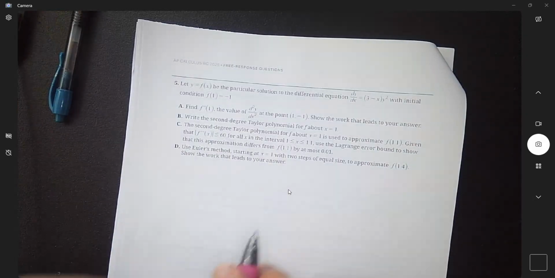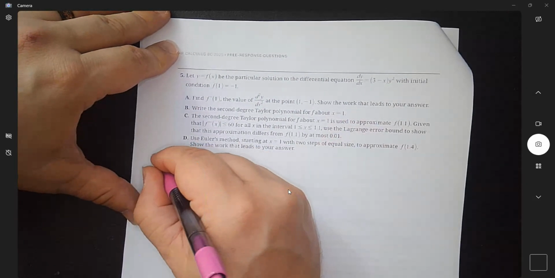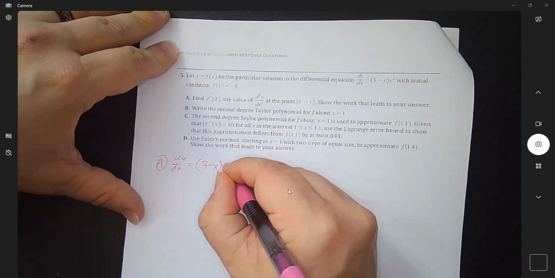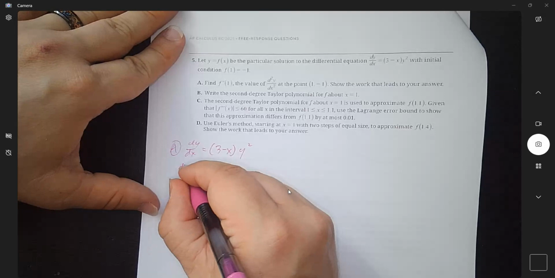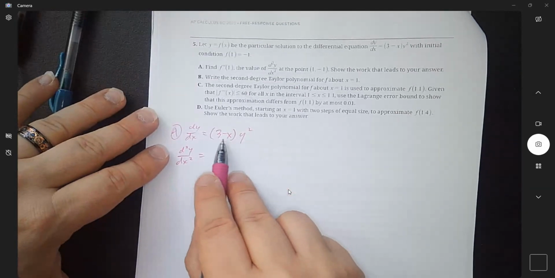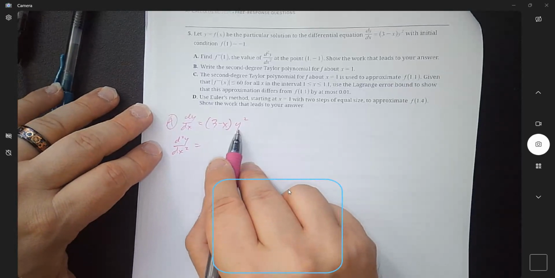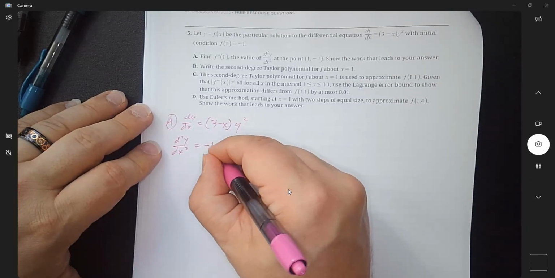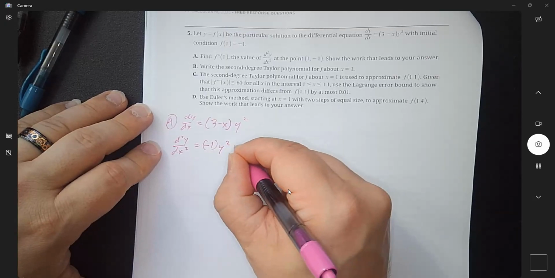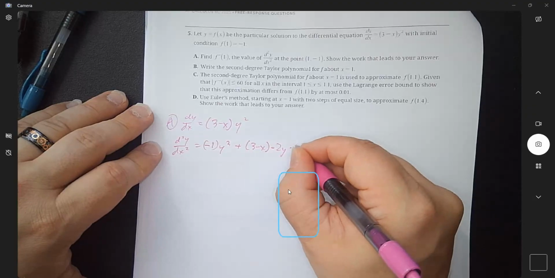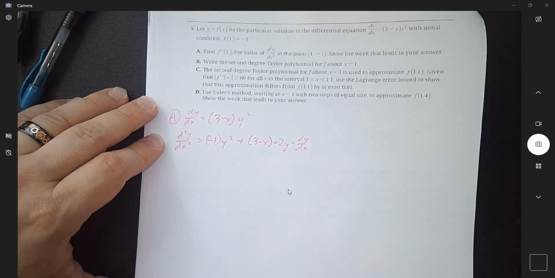I'm going to say this for part A. If dy/dx is 3 minus x times y squared, then the second derivative of y with respect to x is where we take the derivative of this with respect to x. So let's do a product rule. This is going to be -1 times y squared plus 3 minus x and then 2y, but then times dy/dx, because that is the chain rule.